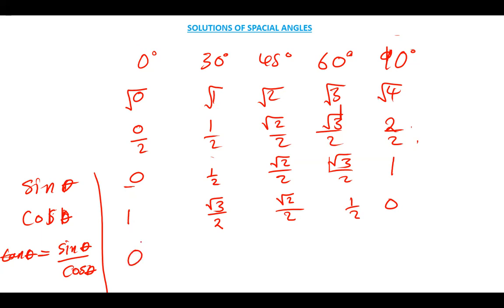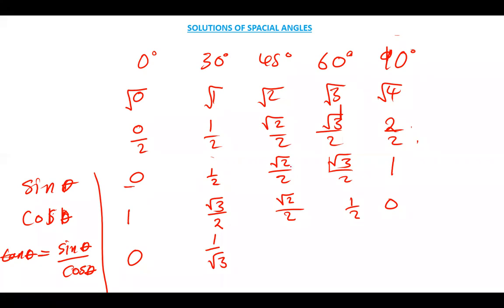If I want to find tan 30, tan 30 will simply be sine 30 over cos 30, which is the same as dividing half by root 3 over 2. So half divided by root 3 over 2, the answer is simply 1 over the root of 3.